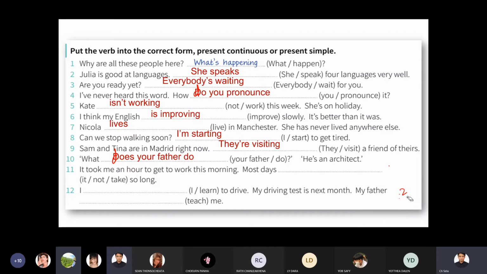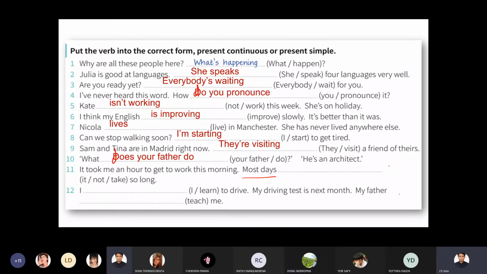Okay, and the next one would be Bopa, number 11. It took me an hour to get to work this morning. Most days it isn't take so long. So most days refers to things that happen repeatedly, correct? Yes, sir. Most days refers to almost every day.